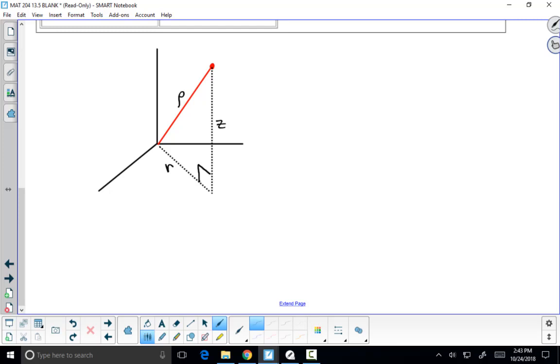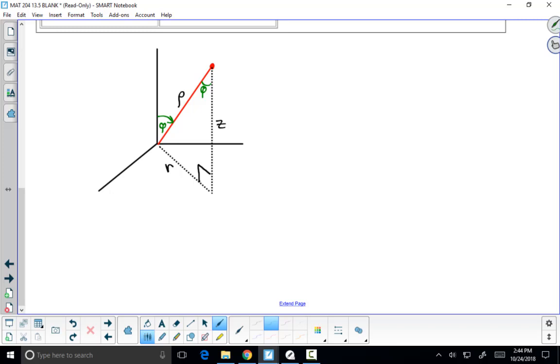So those are the three sides of that triangle. Phi sits right here. It's defined to be the angle between the positive z-axis and that radial line, but that's the same angle as this angle because we have parallel lines and a transversal, so opposite interior angles are the same. So those two angles are the same.